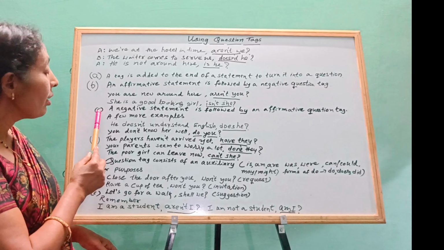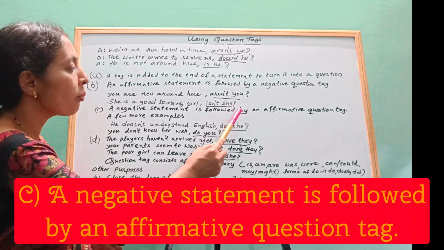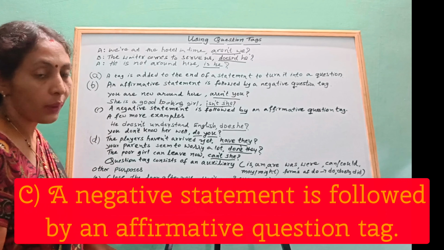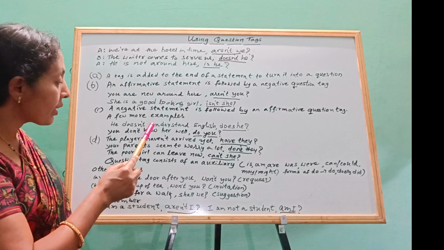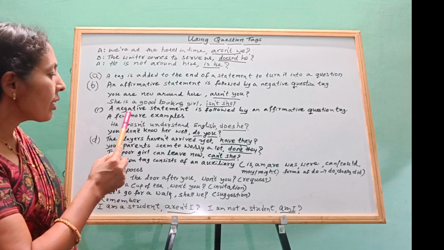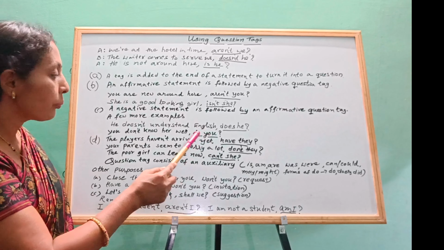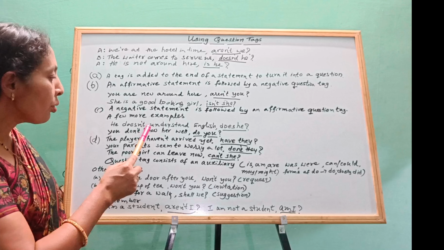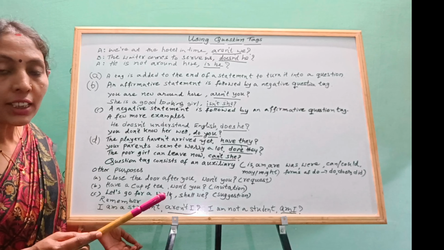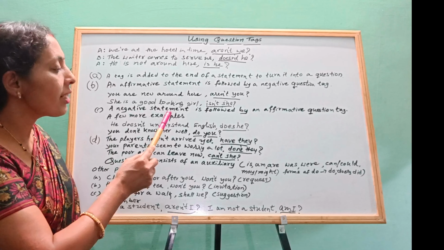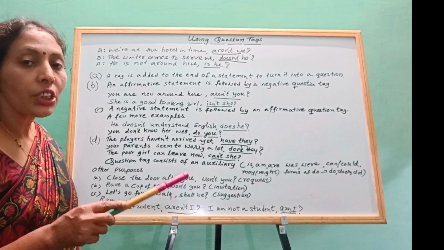Now look at rule C. A negative statement is followed by an affirmative question tag. Here are also a few more examples. He doesn't understand English, does he? You don't know her well, do you? In the first sentence, he doesn't understand English is a negative statement.